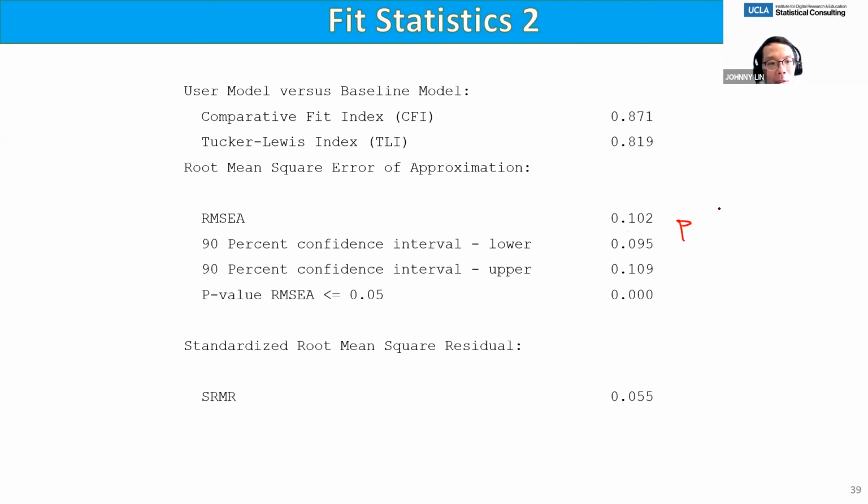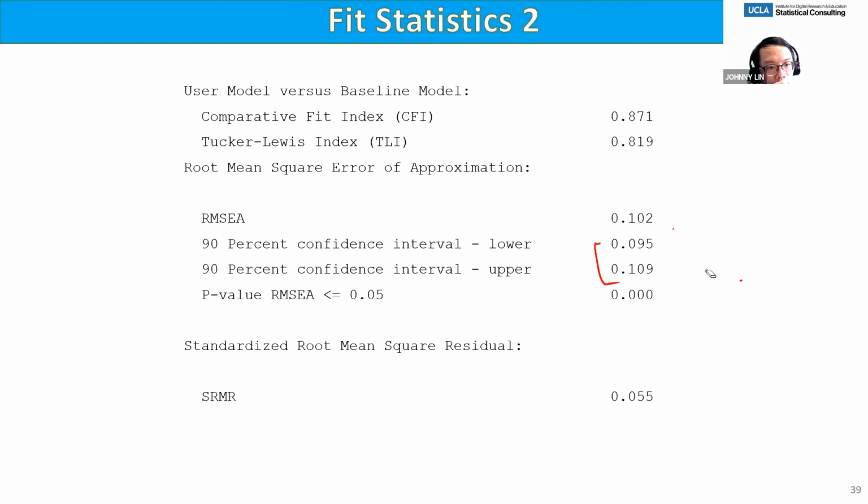Now, looking at the confidence interval, that's actually kind of useful. You want to see if the confidence interval, the lower and the upper, reach close fit in the lower and poor fit in the upper. So if your confidence interval was something more like this, then I'd be happier, right? Because then you satisfy close fit in the lower, and then you satisfy approximate close fit in the upper.